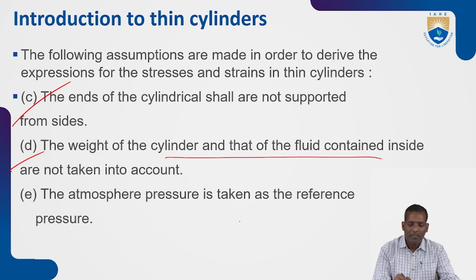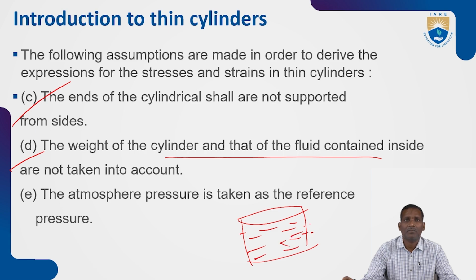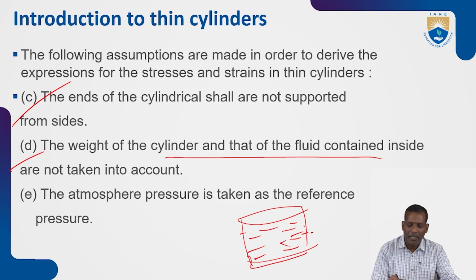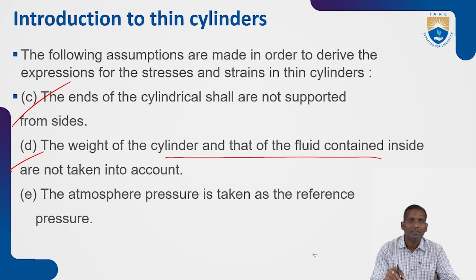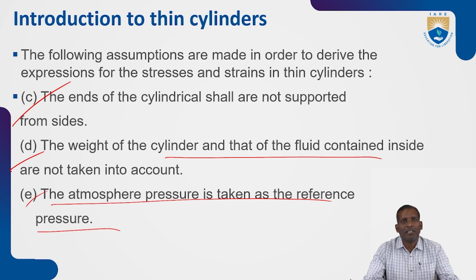Whatever is contained inside the cylinder, any liquid or gas, does not matter. Only the dimensions of the cylinder and the internal pressure are considered. The atmospheric pressure is taken as the reference pressure, which is the boundary condition.